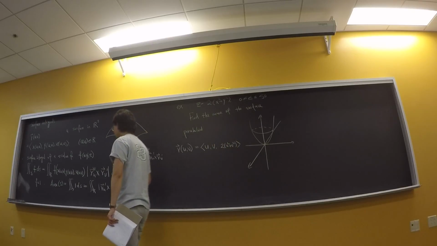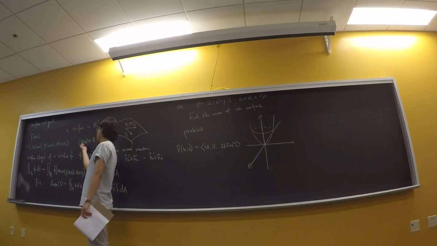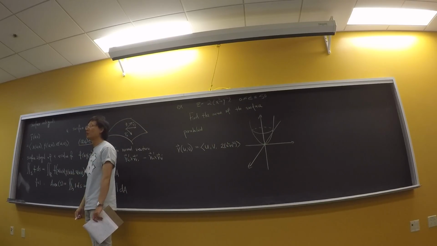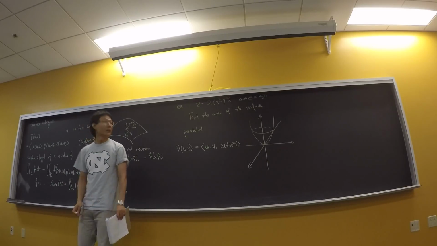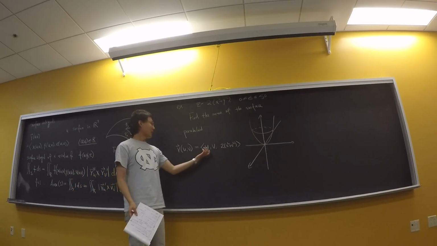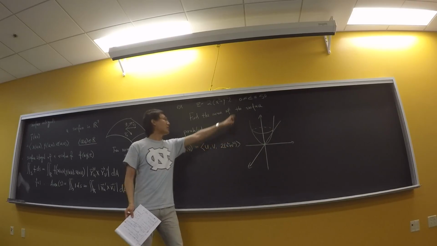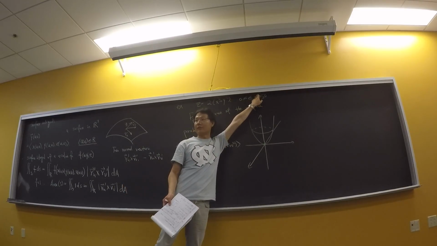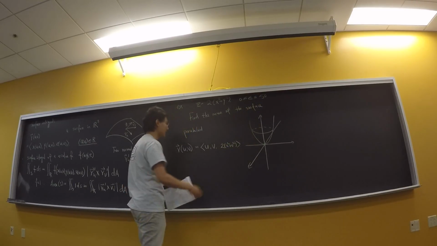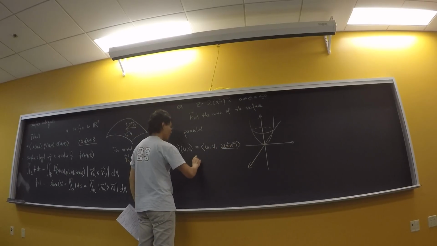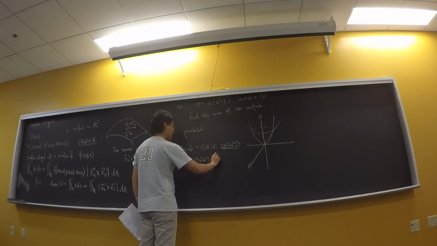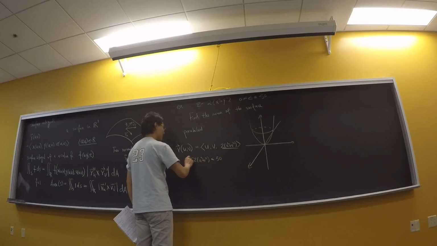But also, I have to come up with what the restriction is for the pair of these 2 new parameters. By restriction, z is bounded between 0 and 50, which is essentially saying this guy, 2u squared plus v squared, is bounded between 0 and 50.